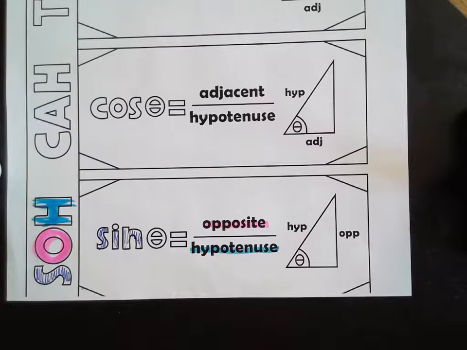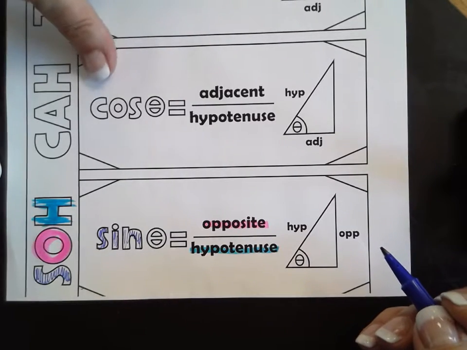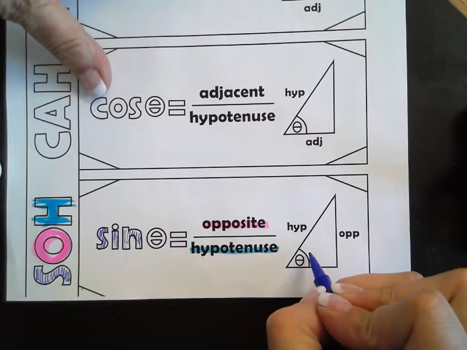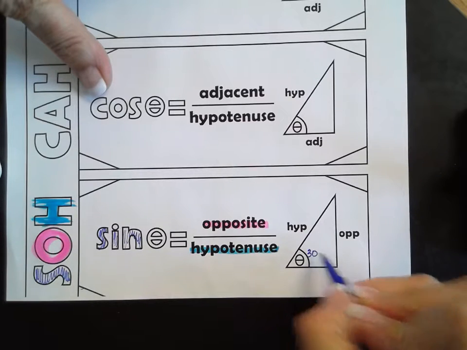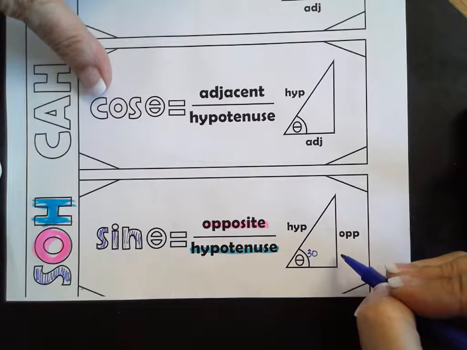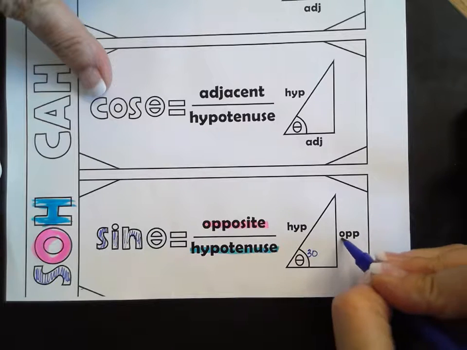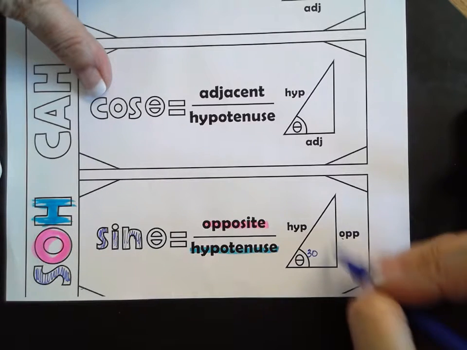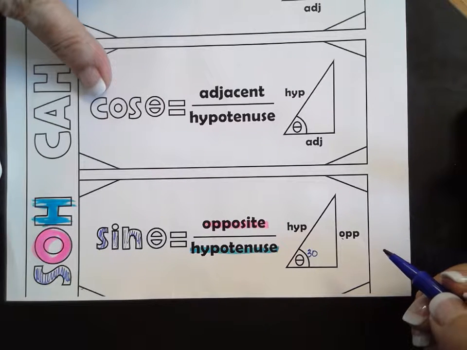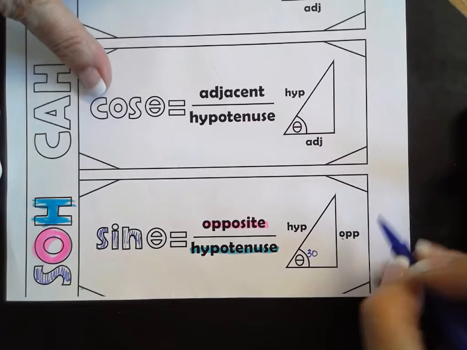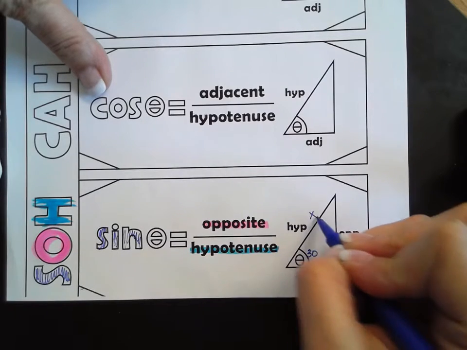Okay, so let's say my angle measure is, give me an angle measure. 30. Degree, not angle measure, but a side length. Sure, 10. Let's find the hypotenuse.